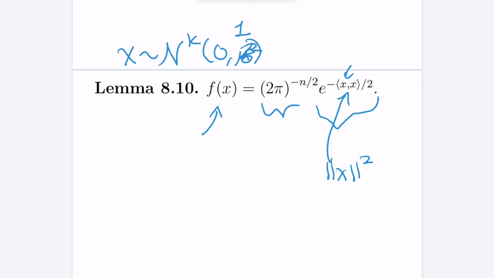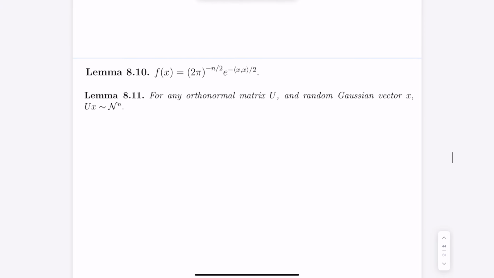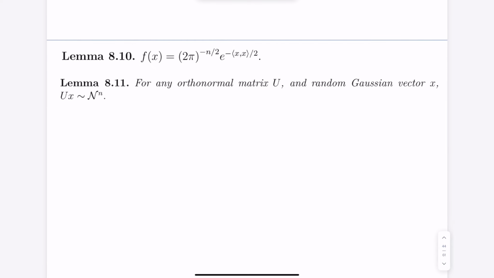It doesn't matter what direction it is, only the length dictates the probability of taking on that particular value. The next thing is that an orthonormal matrix just represents a rotation. So if you take a random Gaussian vector and rotate it, you get another random Gaussian vector with the same distribution, because the distribution only depended on the length.